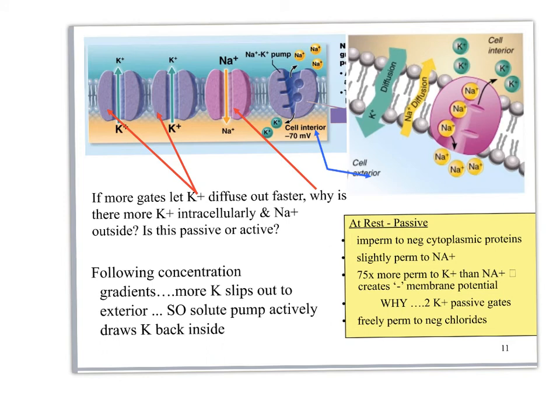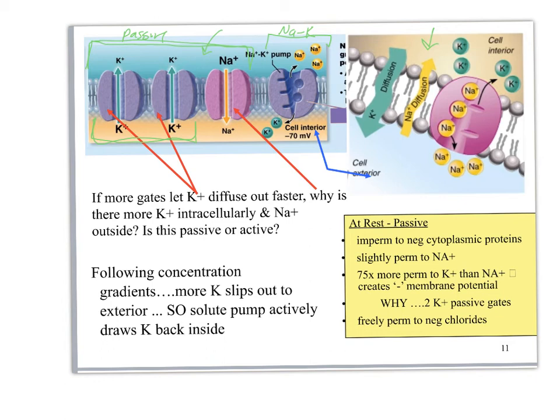All right, so here's the picture we've been looking at on the previous slides, okay? And now we're going to look at this particular picture right here. These first gates are these passive gates, and then over here is the sodium-potassium ion pump. Here they're symbolizing the greater permeability of potassium by showing 2 channels instead of 1.